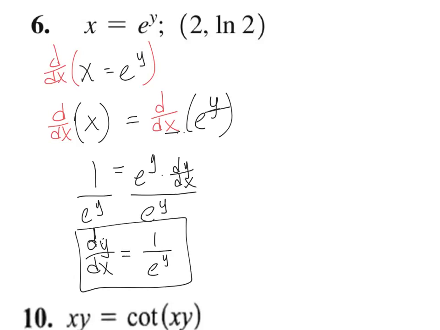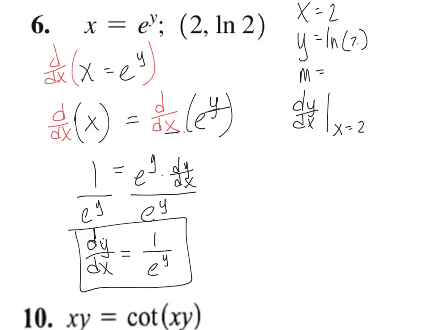Now, remember, guys, what I'm trying to do is write the equation of my tangent line. I know that x is equal to 2, and I know that y is equal to the natural log of 2. But I'm trying to figure out what my slope is. So I can figure out my slope by taking my derivative, dy/dx, and plugging in x equals 2 and y equals the natural log of 2.